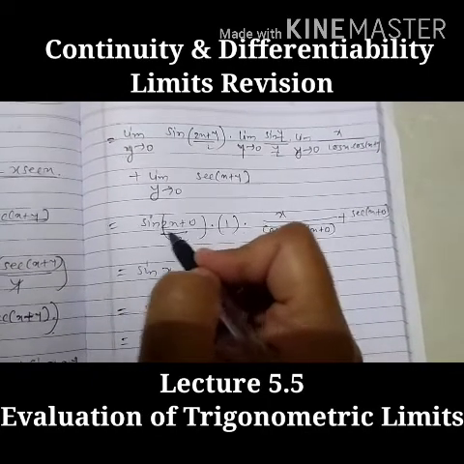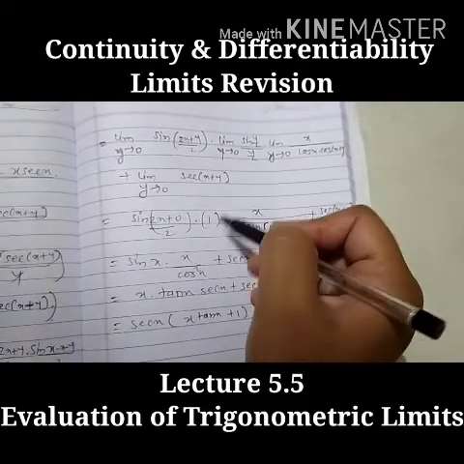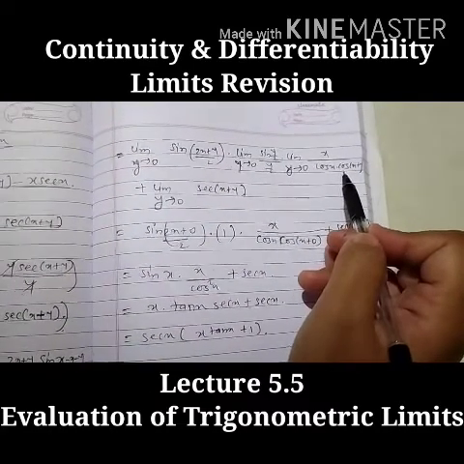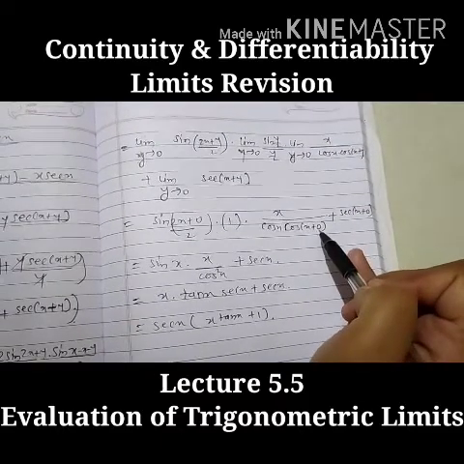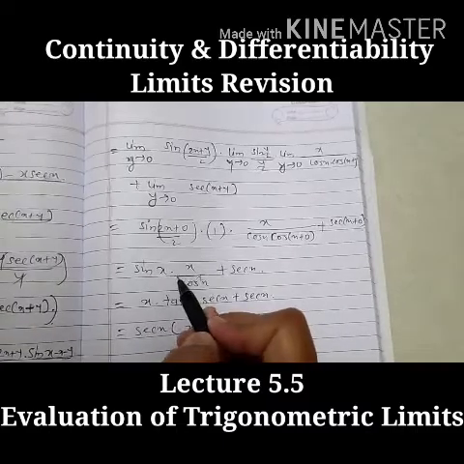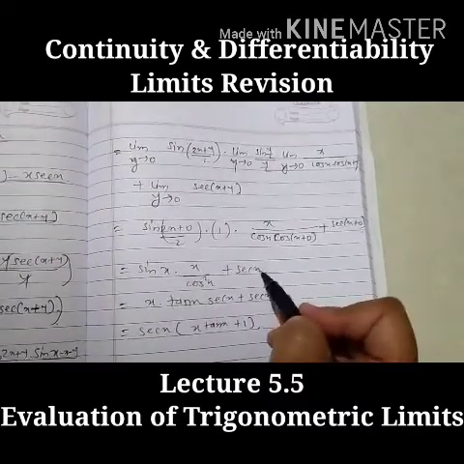So we are getting sine of (2x plus 0) by 2. Here the limit is 1. Here x upon cos x, cos of (x plus y), we have put y as 0. So we are getting sin x into x by cos square x, and sec of (x plus 0) is sec x.